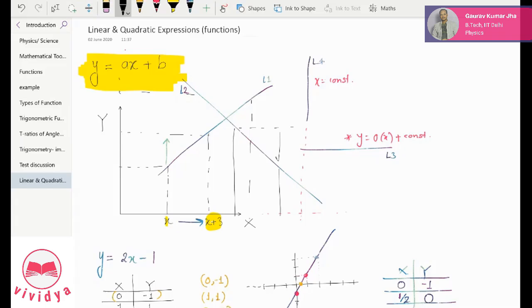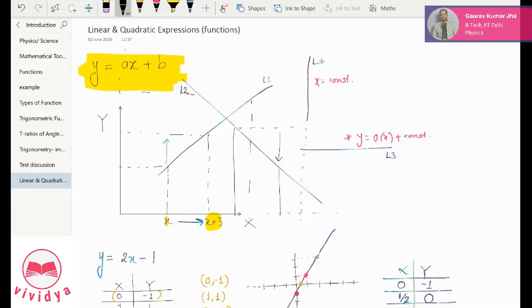It's going down. So that's the correct way to explain it. You see in L2, X increases, Y decreases. In L1, X increases, Y increases.